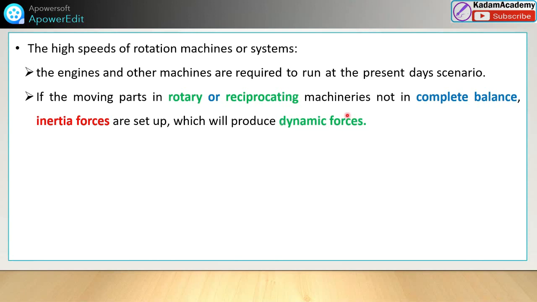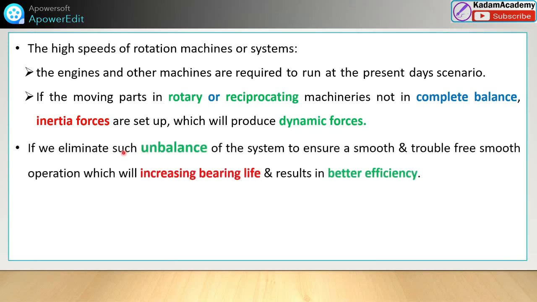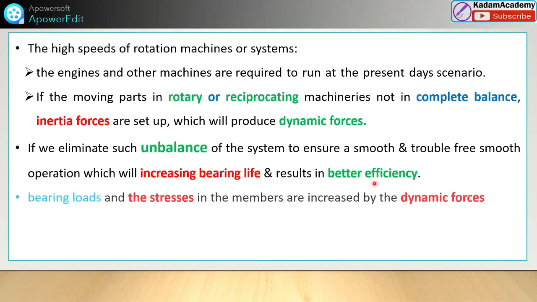Machines having rotating, revolving or reciprocating parts will create dynamic forces. If we eliminate such imbalance of the system, to ensure smooth and trouble-free operation, it will increase bearing life, structure life, and machinery life, and result in better efficiency.